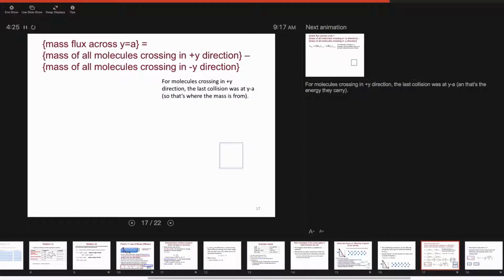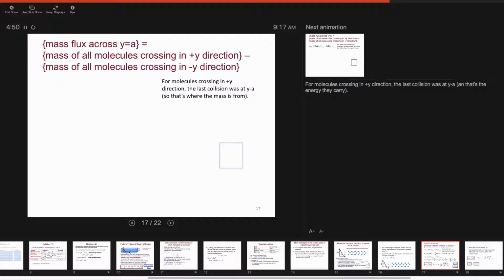So I impose my concentration gradient, and now I'm looking at my mass flux across a plane. Let's say that this plane is at y equal to a. I'm going to look at all of the molecules crossing upwards. They carry with them everything from their last collision. So I'm going to assume that that's true for the mass fraction as well.